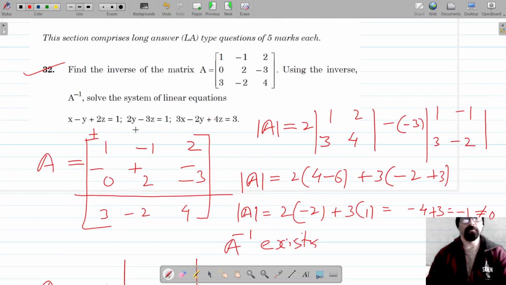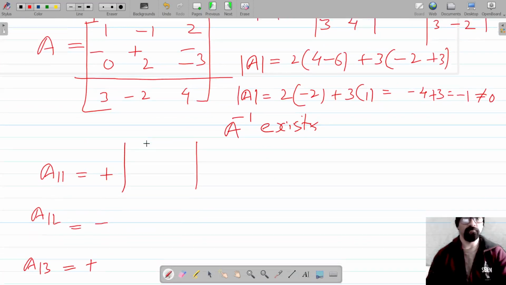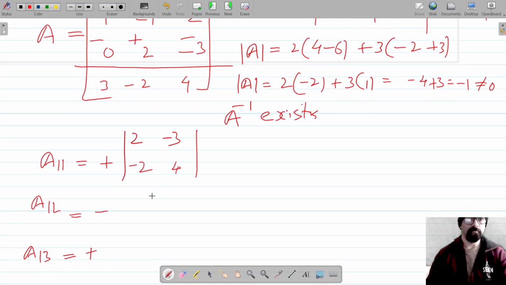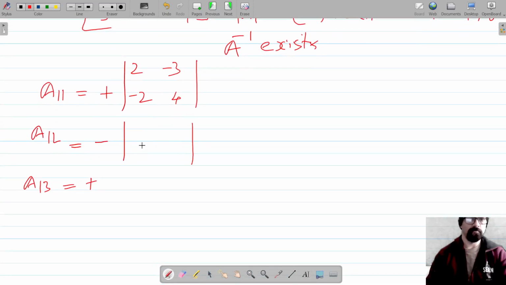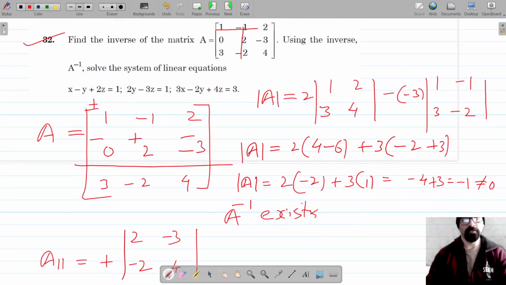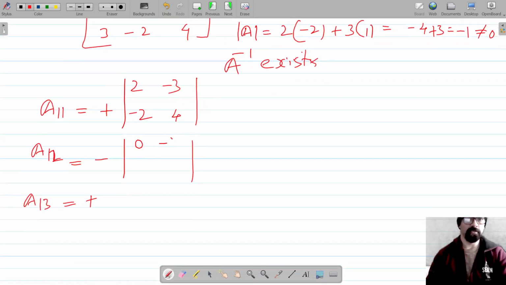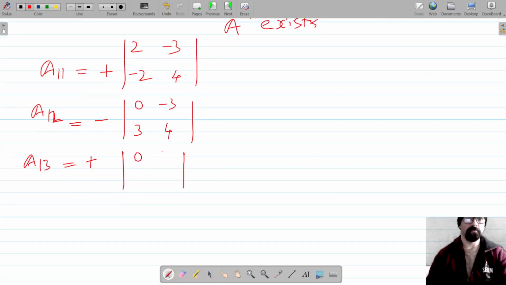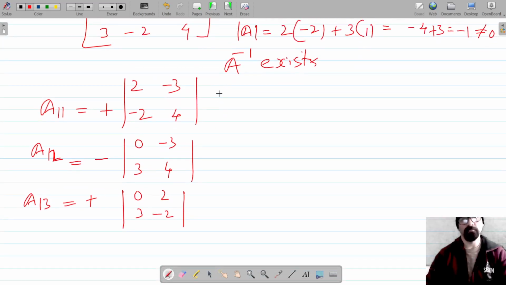Remove the row and column for the first element, leaving [2, -3; -2, 4], and similarly for A12 [0, -3; 3, 4] and A13 [0, 2; 3, -2].